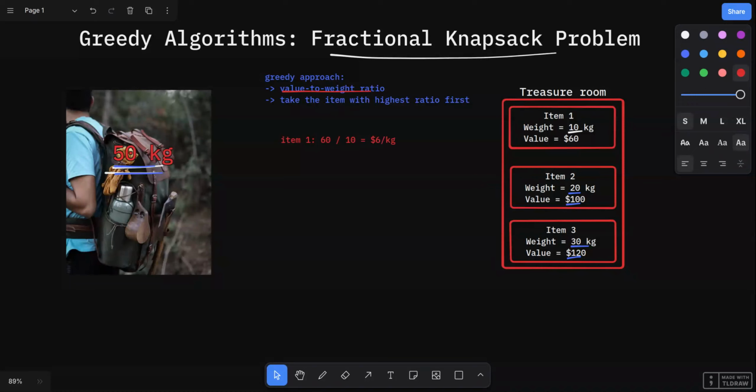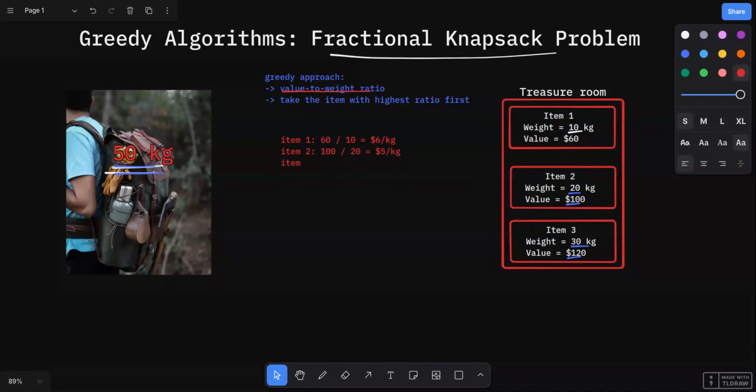And then we need to calculate for item two as well. Item two has a value of $100, and we divide by the total weight, which is 20 kilograms, and we have $5 per kg.